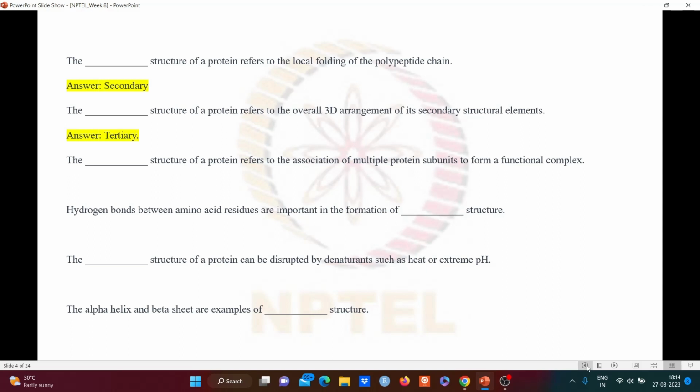Next is: what structure of a protein refers to the association of multiple protein subunits to form a functional complex? Okay, I hope I'm audible to everyone. If someone is facing issues, okay, I'll put a message as well.